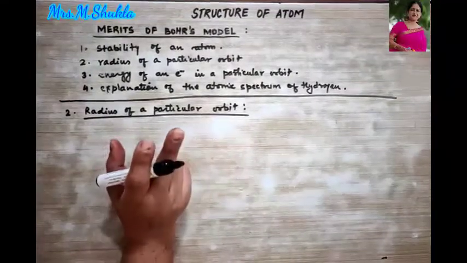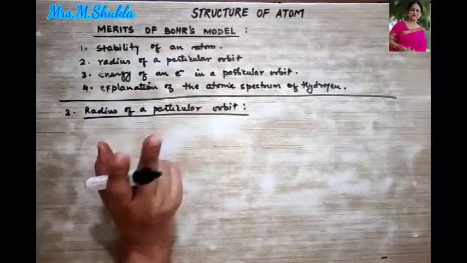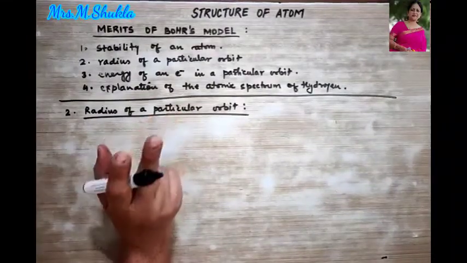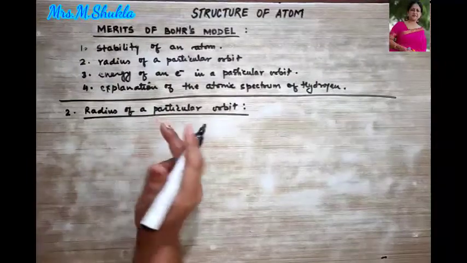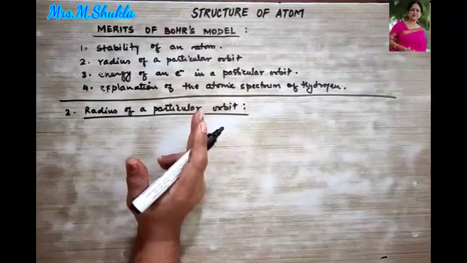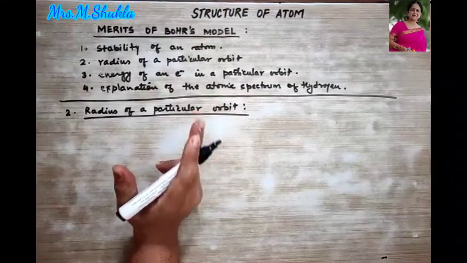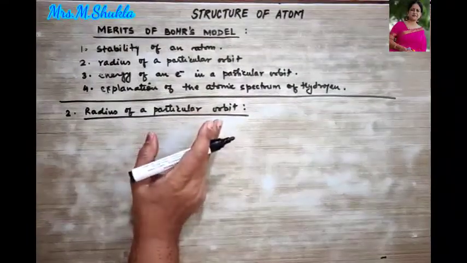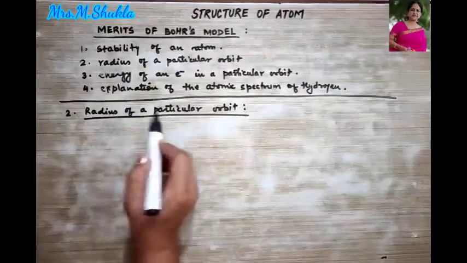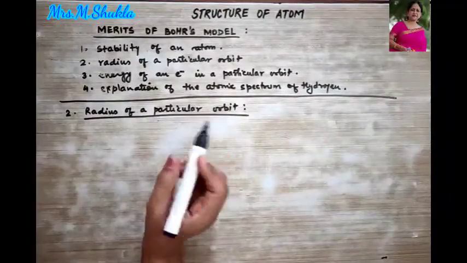According to the postulates of Bohr's theory, it is very easy to calculate the radius of any particular orbit.